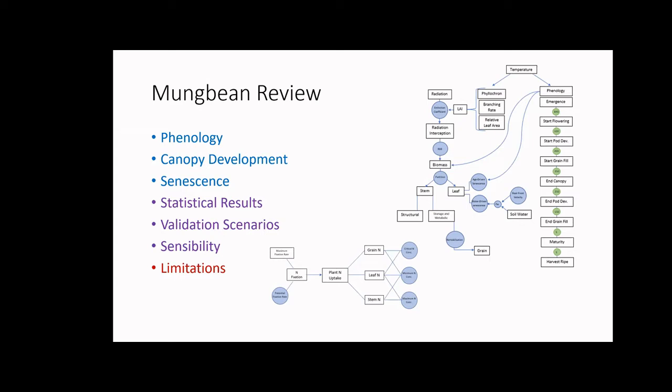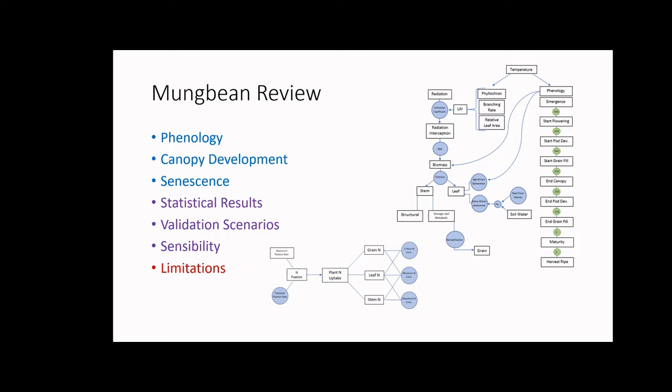On the right side, the temperature driving phenology, we have 10 different stages of phenology, and I'll get into how that was outlined in the next couple of slides. And then on the left side of that top figure, the accumulation of biomass and the partitioning of it into its different organs, and then the stresses that impact that accumulation and the senescence.